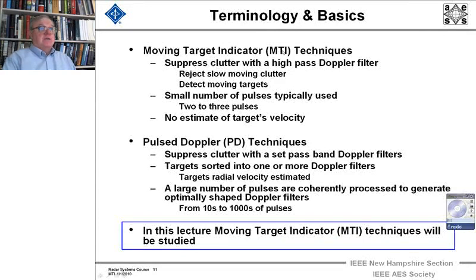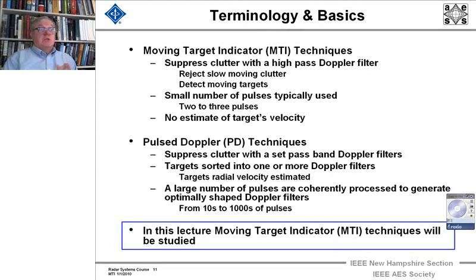Moving target indicator techniques, so-called MTI techniques in shorthand, suppress the clutter with a high-pass Doppler filter. That is to say, they suppress the clutter, mostly ground clutter, that has zero or very near zero Doppler velocity, and they pass the rest of it.